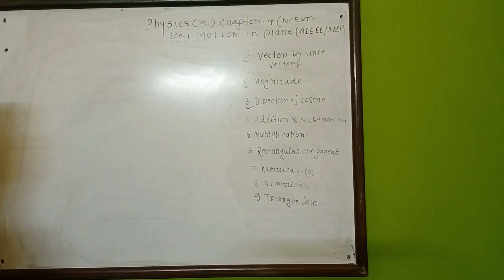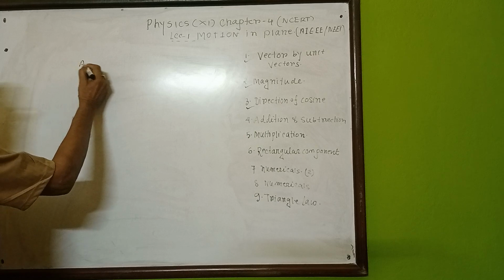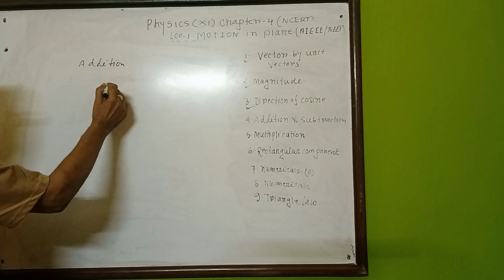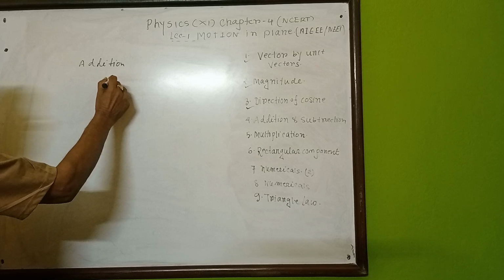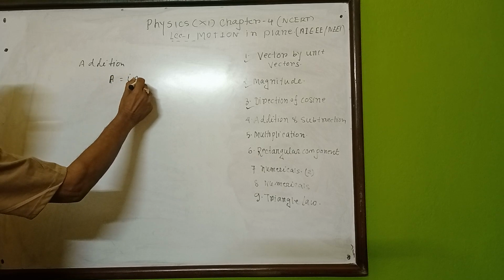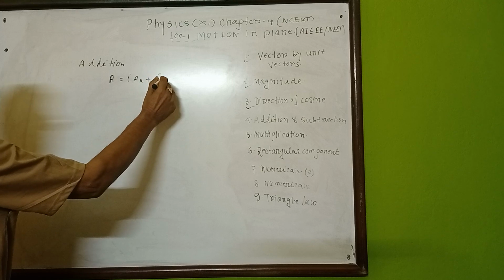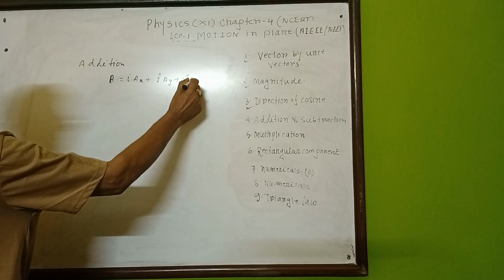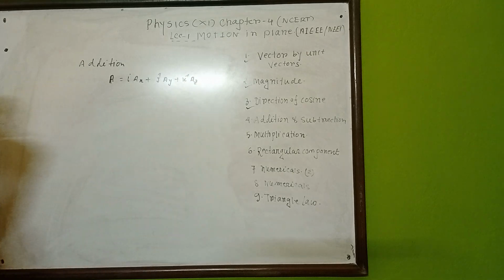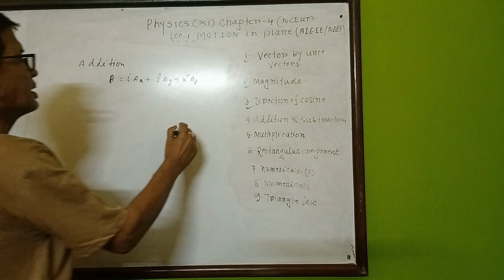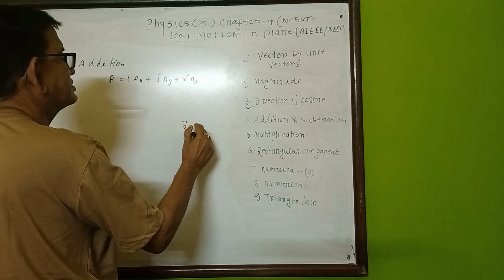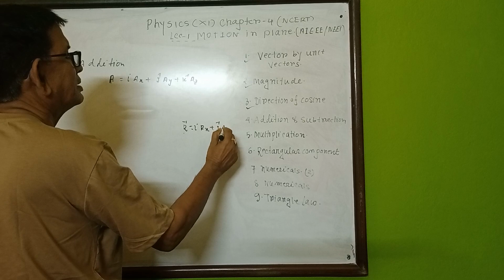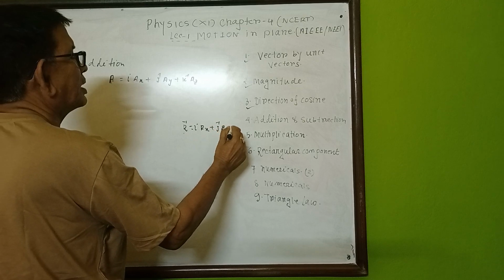Suppose I am going to calculate addition. Suppose R is a vector. You write down Rx i, Ry j, Rz k. Children, instead of x, you write down Rx, Ry, Rz.